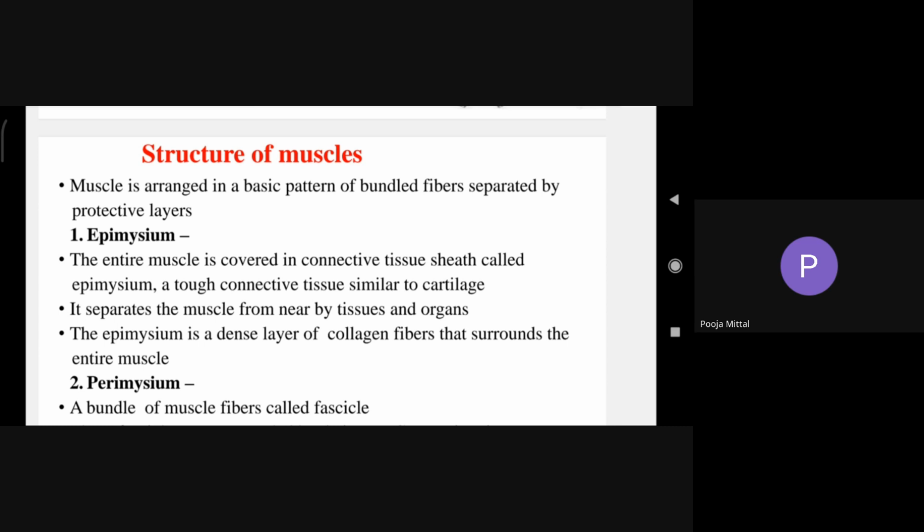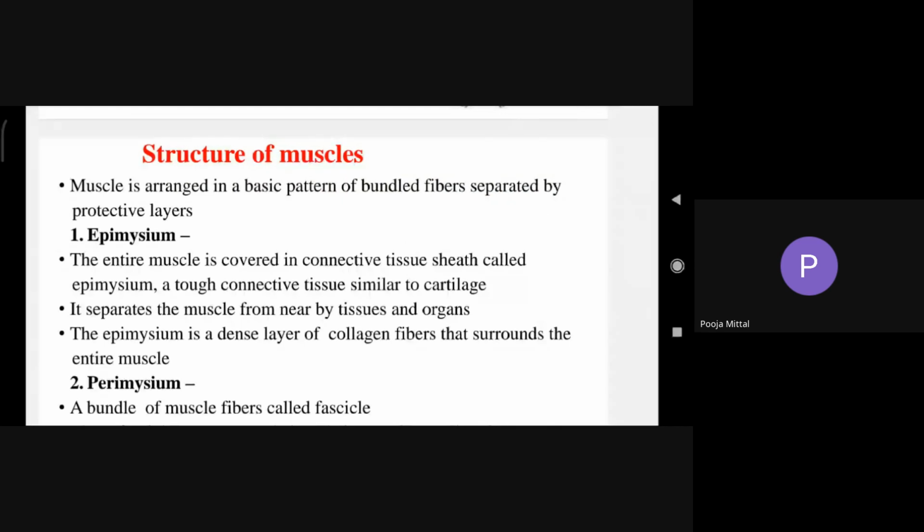The entire muscle is covered in a connective tissue sheath called epimysium, a tough connective tissue similar to cartilage. It separates the muscle from nearby tissue and organs. The epimysium is a dense layer of collagen fibers and surrounds the entire muscle.